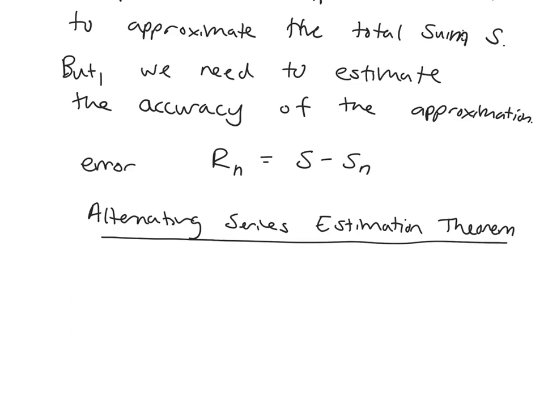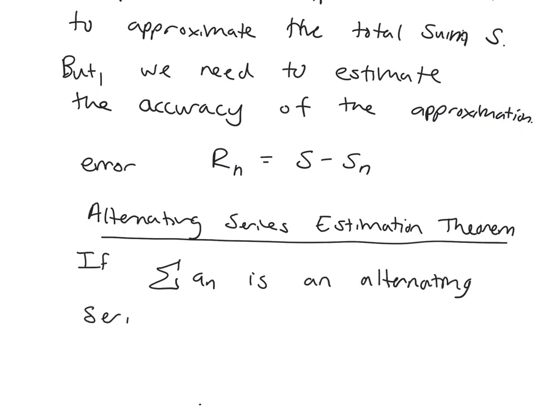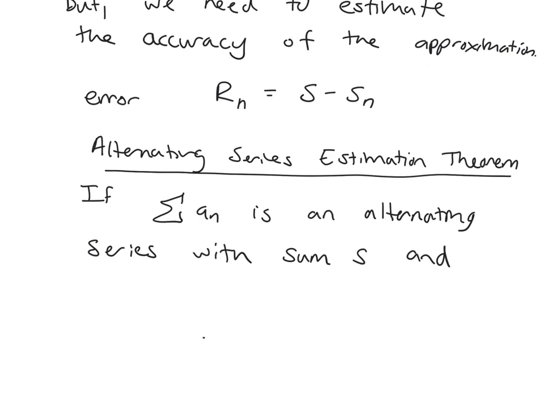So if you have a series, if A sub n is an alternating series with sum S, and you need this alternating series to meet the conditions of the alternating series test, so it's got to have B sub n plus 1 is less than B sub n, and the limit of B sub n is 0.